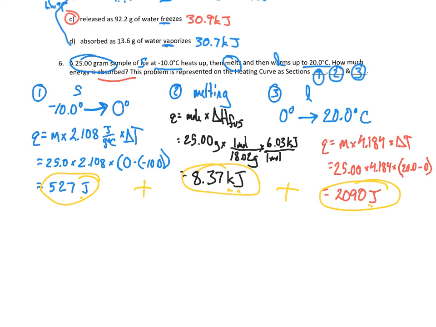So for this first value, 527 joules, to turn it into kilojoules, I would move my decimal 3 times to the left, so that is 0.527 kilojoules. And for my last value, 3 places to the left would be 2.09 kilojoules.